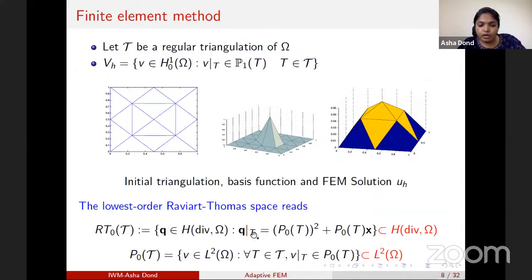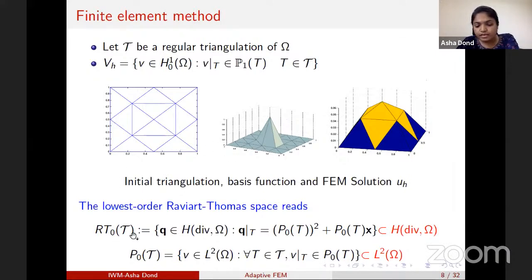The elements over a triangle have this form: it is a vector quantity, p0 plus p0 x, a linear function, but it is a subspace of the divergence space, which comes from the continuity of the normal component along the edges. For the second space, we want a subspace of L2 omega, so we select the piecewise constant space: over each triangle the function is constant.